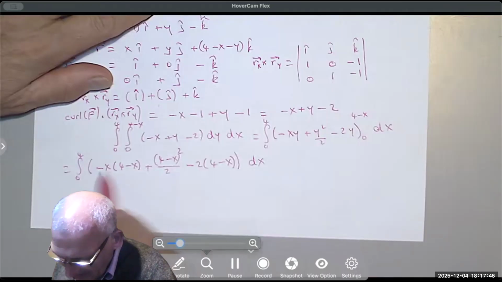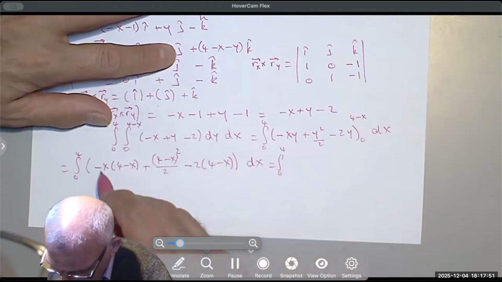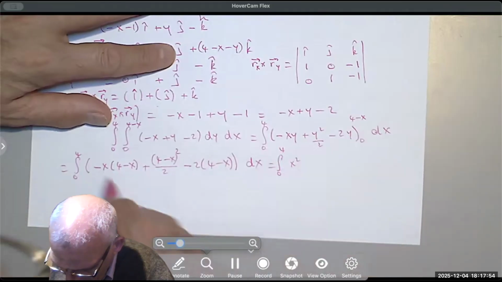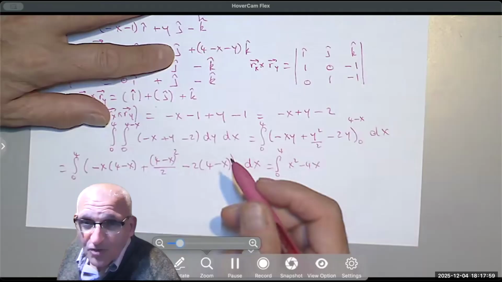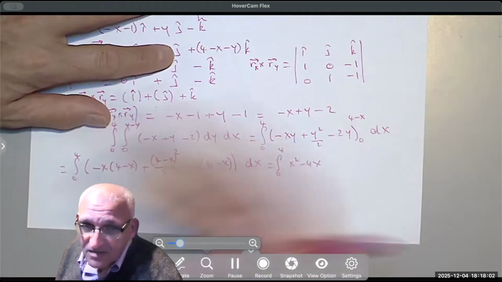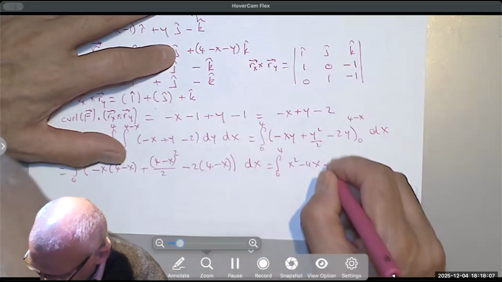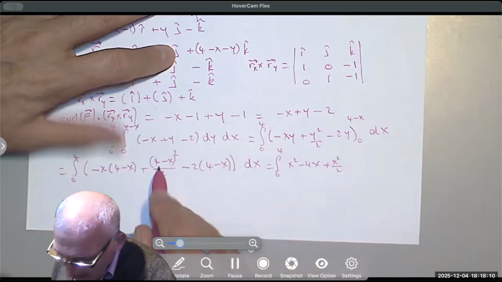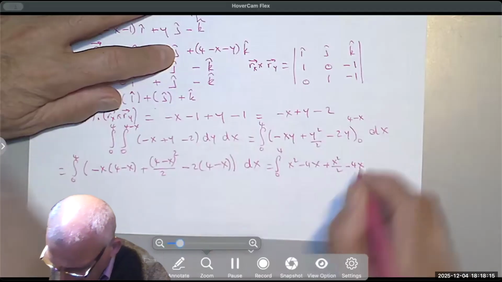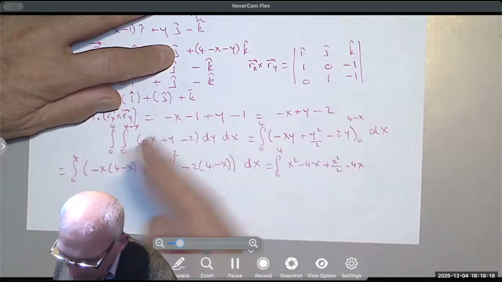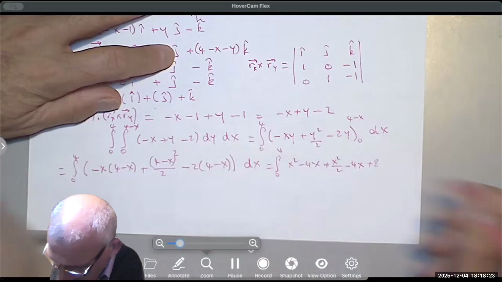I have negative and negative, so it's the integral from 0 to 4 of x squared minus 4x. And you know that 4 minus x is the same as x minus 4 when you square it, right? So that becomes plus x squared over 2 minus 8x over 2, meaning minus 4x. And then the 4 squared is 16, over 2 is 8.